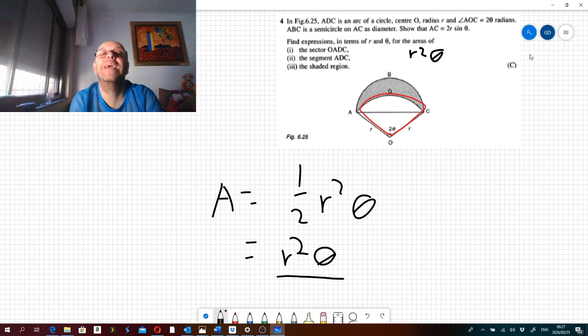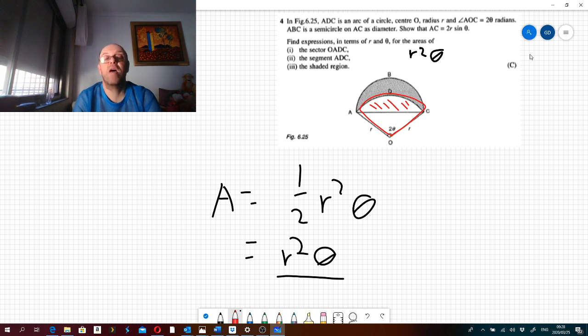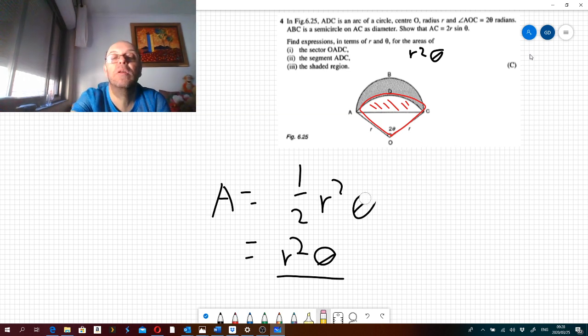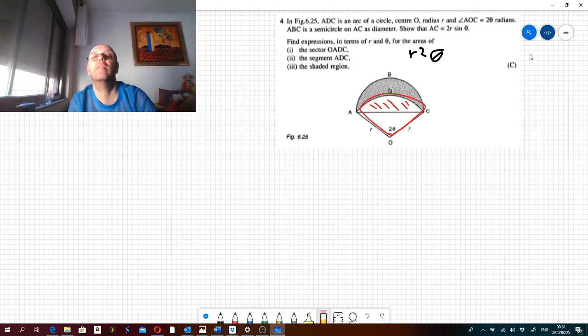Now they want the area of the segment ADC. Well, the area of the segment, which is this little bit here, must be made up of the area of the sector minus the area of the triangle. Do we know the formula for the area of a triangle? It is a half base times height, and the base we already knew was 2r sine theta.